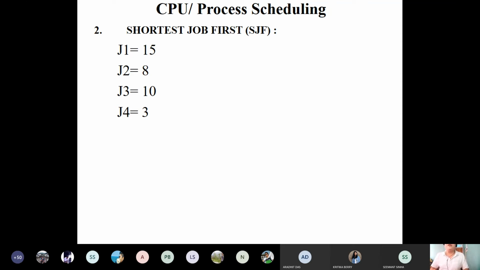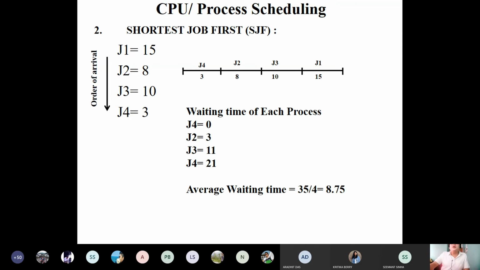Among 15, 8, 10, and 3, J4 requires the minimum CPU time, so J4 will be given the first chance, followed by J2, then J3, and then J1. The average waiting time is shown here: 8.75. If you compare these two strategies, shortest job first and first come first serve, you can see the average waiting time of shortest job first is less.